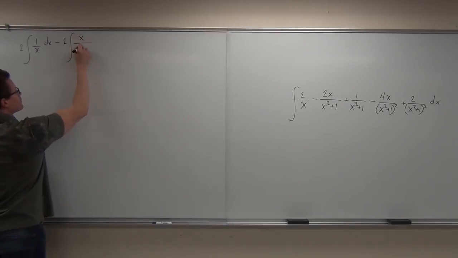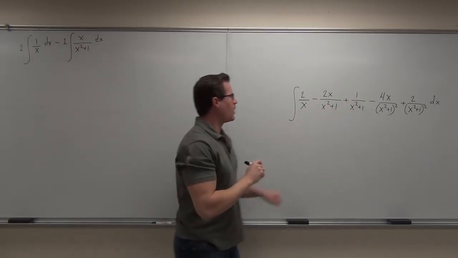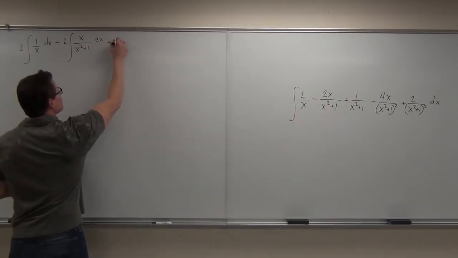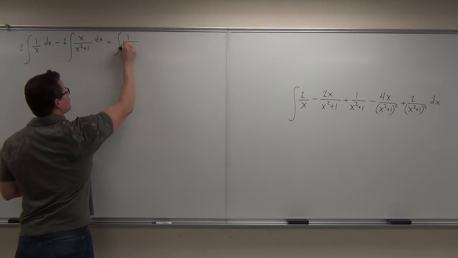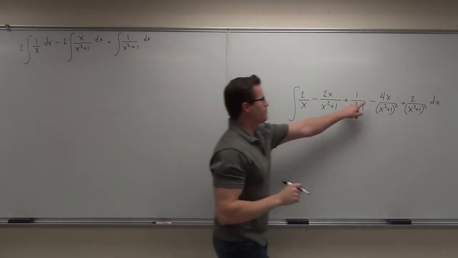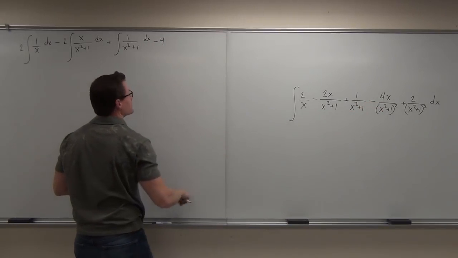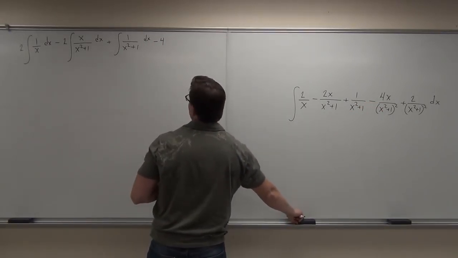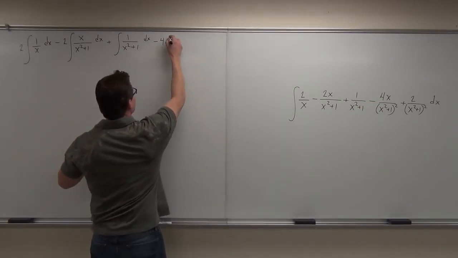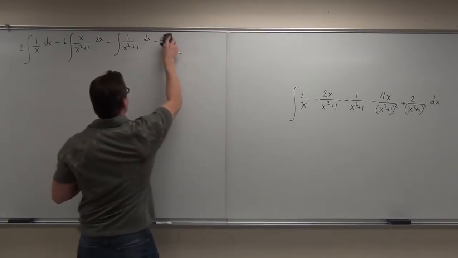We're going to have plus the integral of 1 over x squared plus 1 dx. We'll have minus 4. You know what, I need more space for this one.